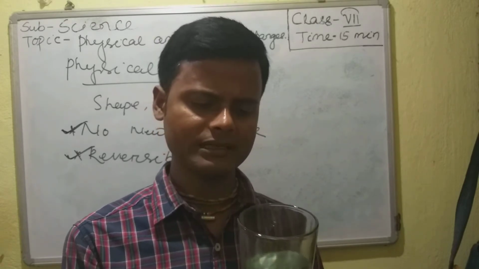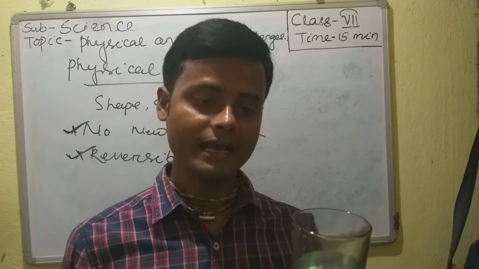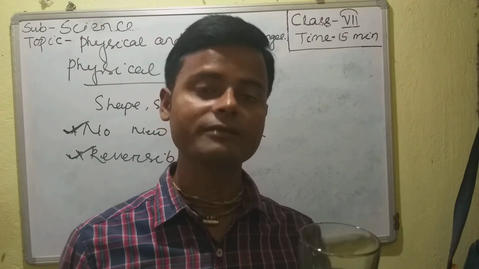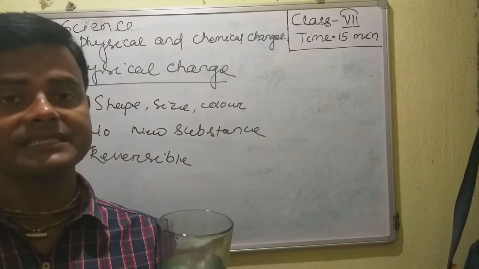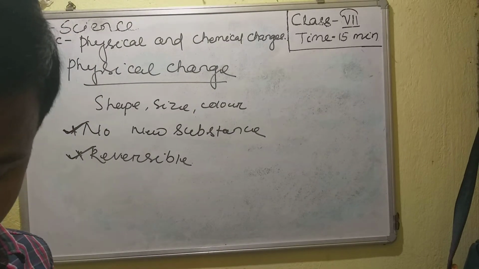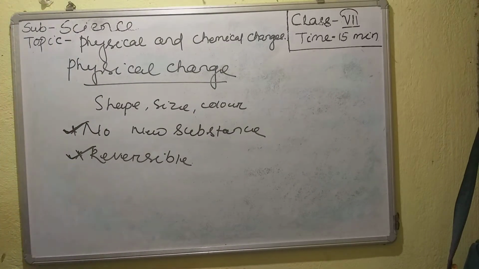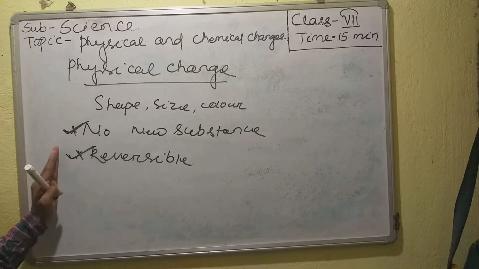If you keep this water in the refrigerator, after some time you get ice, and if you bring the ice out from the refrigerator, then you can again get the water. So in physical changes no new substance is formed, right? We can get the original substance again. So these are the properties of physical changes.